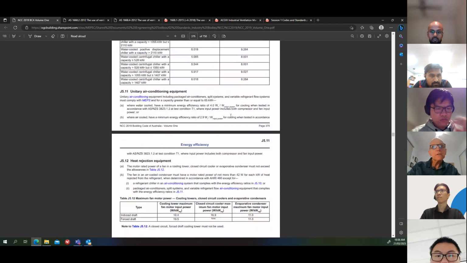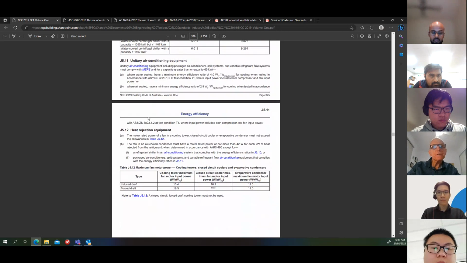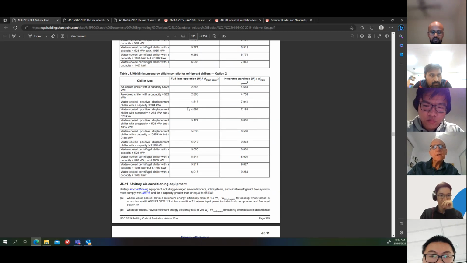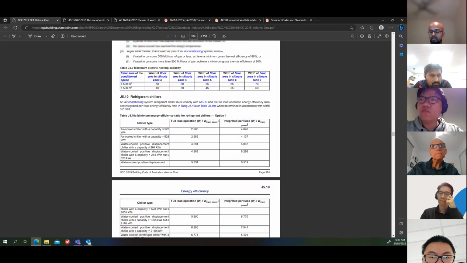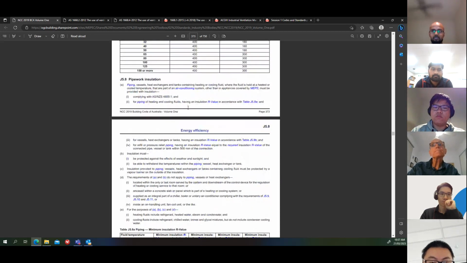Most of the DX split systems and package systems that you'll deal with will comply with MEPS, which is necessary, and gives you some concessions on the ductwork insulation. And then heat rejection equipment. So there's a lot in there. Again, you're not going to memorise it, but have a read through, be aware of it, and make sure that you comply when you're doing your design.